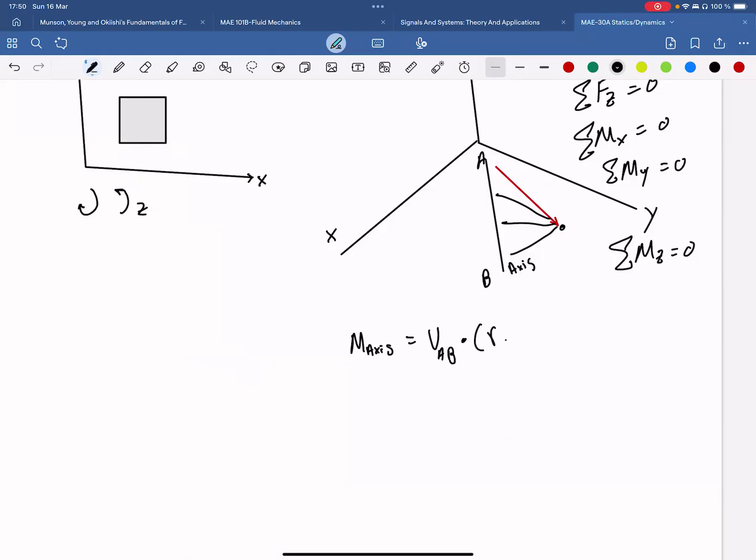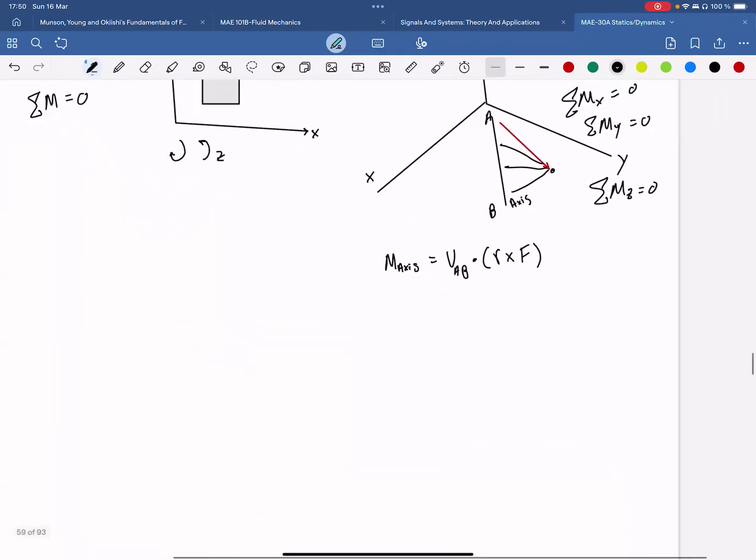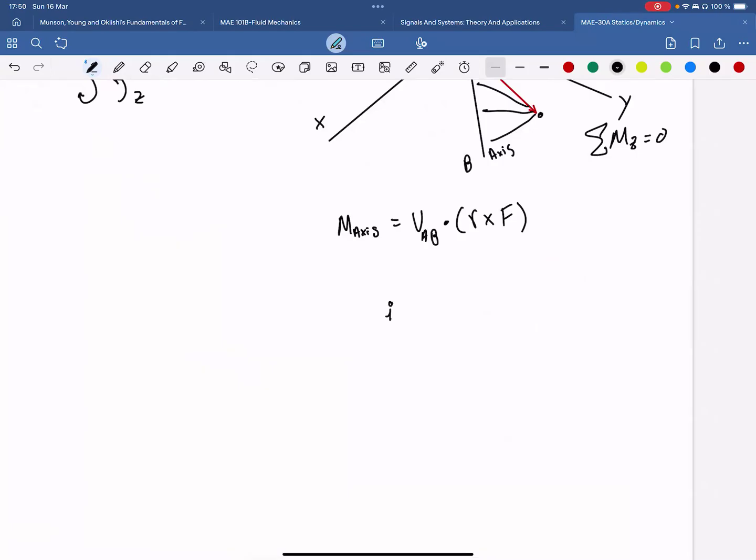So you have r, the position vector, crossed with the force, right? If the force is directed parallel along the x, y, or z axis, you just leave it like that. You leave it in i, j, k coordinates, and then you compute the cross product.